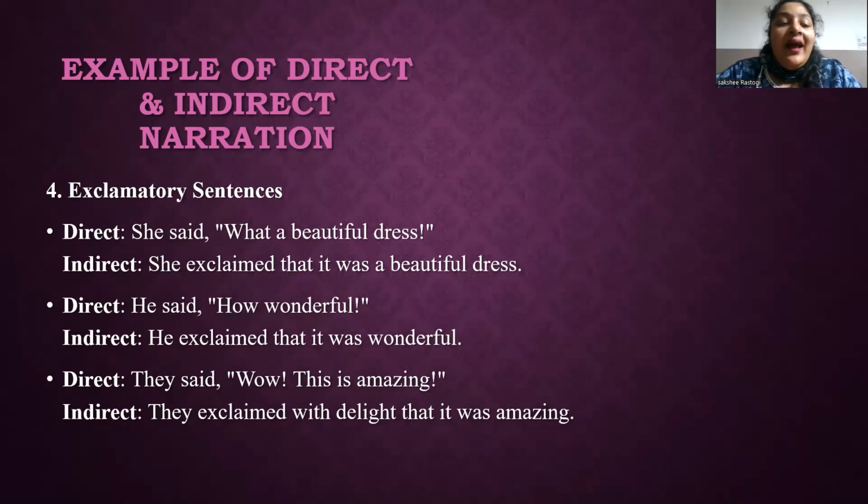So here I have some examples of exclamatory sentences. What a beautiful sunset! How delicious this cake is! What a wonderful surprise! How exciting this adventure is! What a stunning view from the point! How thoughtful of you to remember my birthday! What a fantastic concert that was!